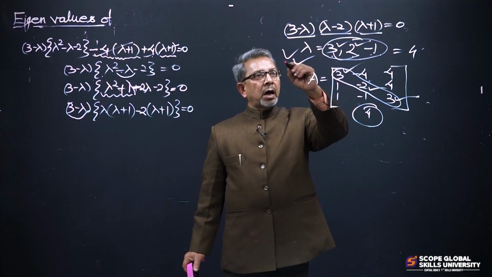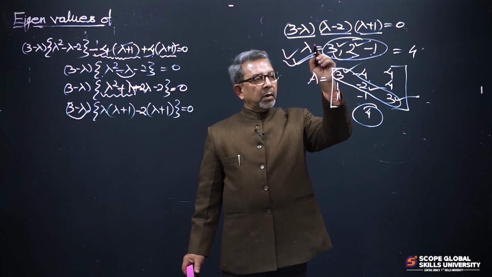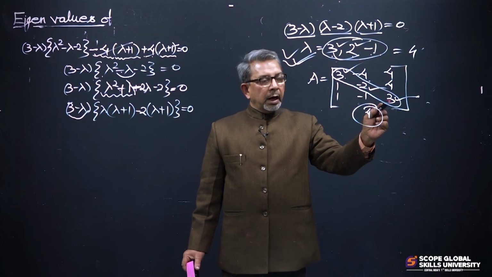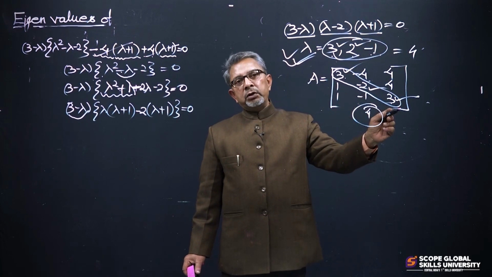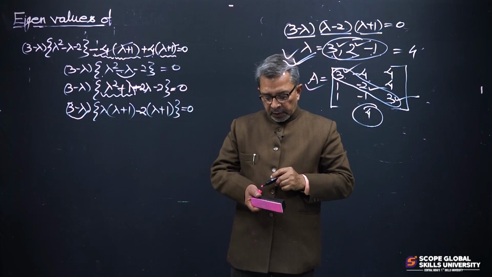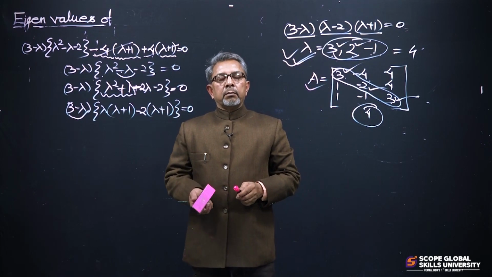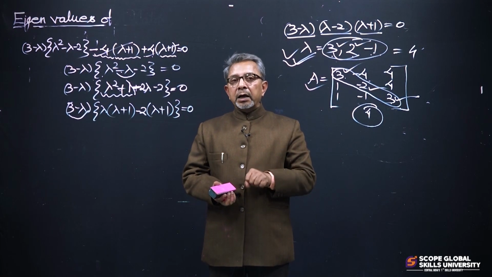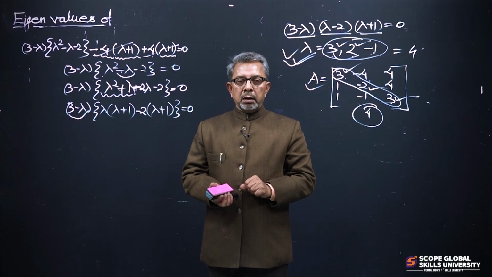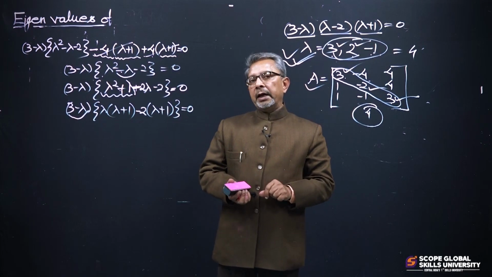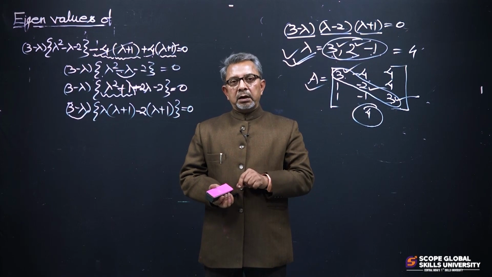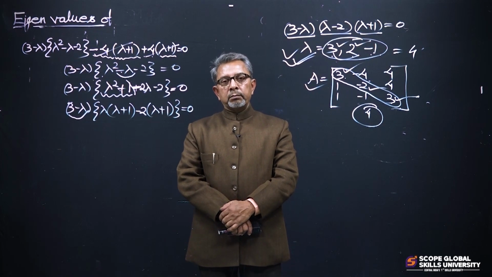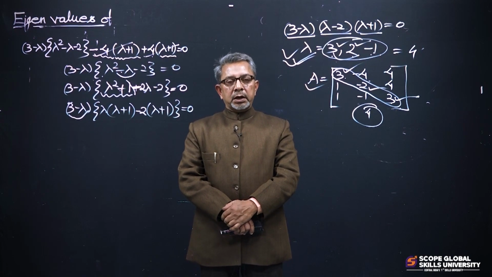It means the sum of all eigenvalues must be equal to the sum of all elements on the leading diagonal of the given matrix. So, in this way, this was the discussion on the method to determine eigenvalues of any matrix, followed by the illustration of this method for matrices of order 2 as well as order 3.